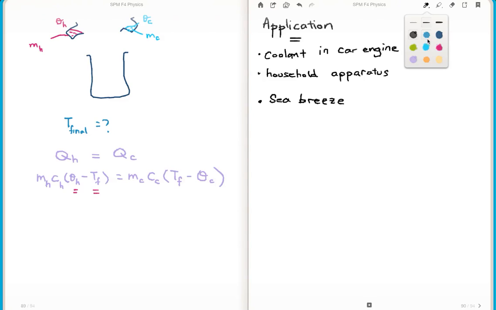So what I would do now, okay, sea breeze. This is sand, and then you have sea water. And then at noon you have the sun, so that is so hot.